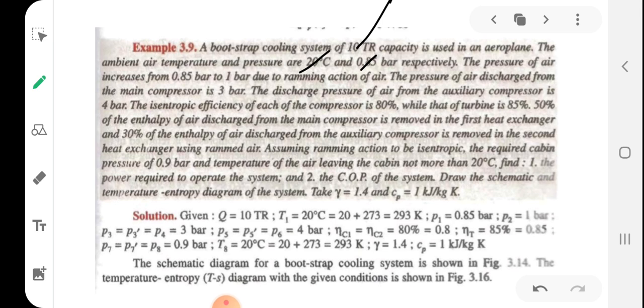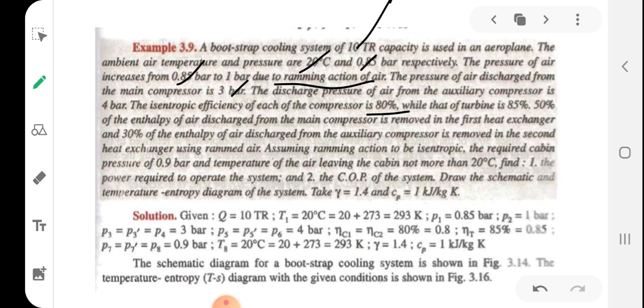The pressure of air increases from 0.85 to 1 bar due to ramming action of air. The pressure of air discharged from the compressor is 3 bar. The discharge pressure of air from the auxiliary compressor is 4 bar, and the isentropic efficiency of each compressor is 80 percent, while that of the turbine is 85%.